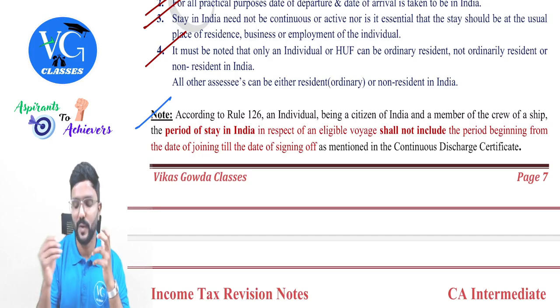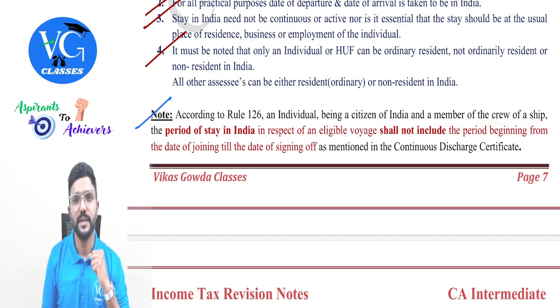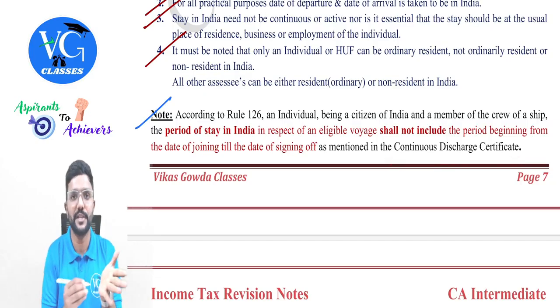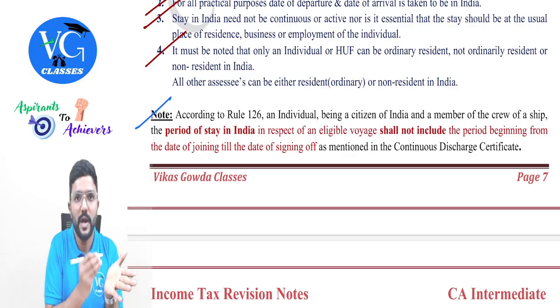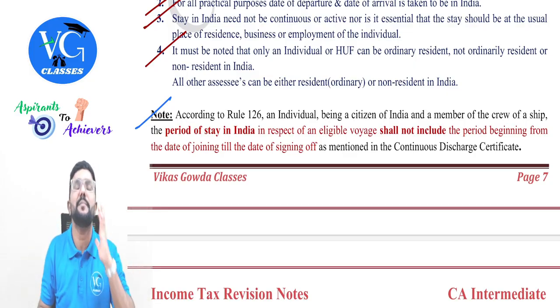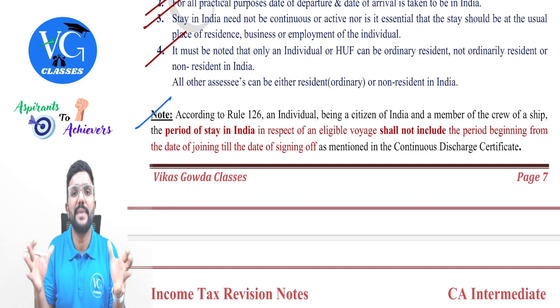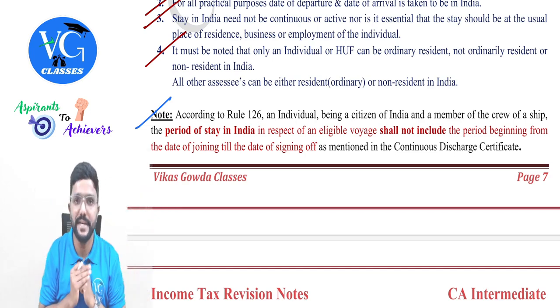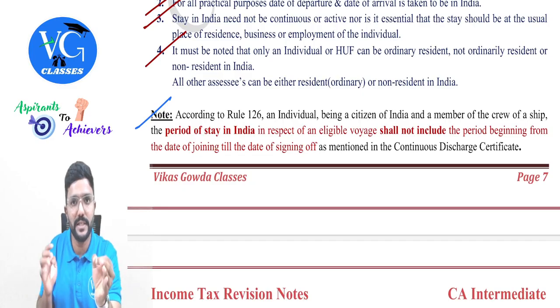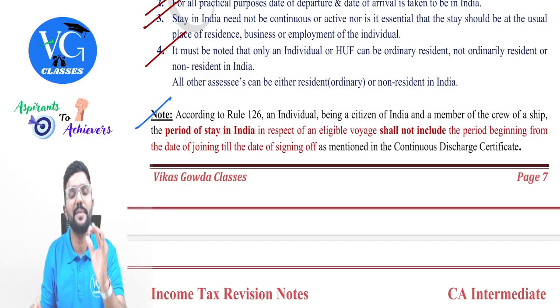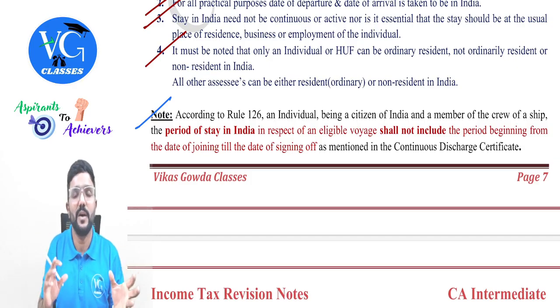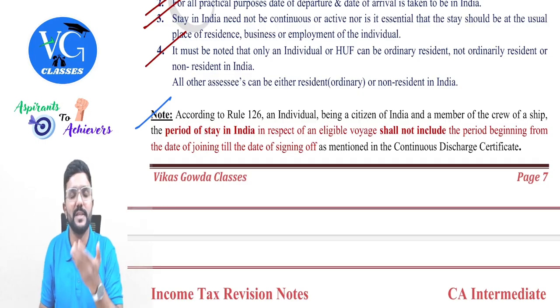So for these people who are working as a member of the crew of a ship, they would be issued a document called the continuous discharge certificate, in which the day they join the ship and the day they sign off from the ship will be mentioned. So that time gap will be considered to be outside India, guys. Sir, here should we consider territorial waters or the exclusive economic zone, because it is a part of India?